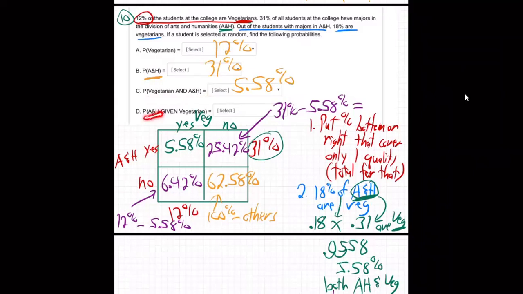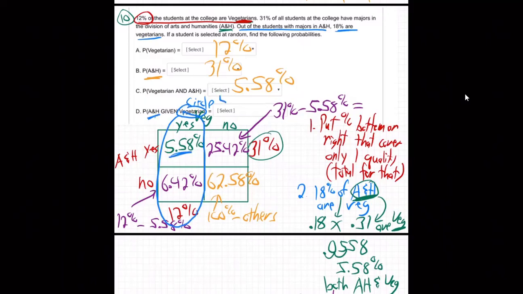Last question, A and H given they're vegetarian. If we're given they're vegetarian, then remember what we do with that. We circle the vegetarian section. So given vegetarian means circle the vegetarian only. So I'm going to circle the yes, vegetarian only. Ignore all the other numbers. A and H, well, that'd be this 5.58.